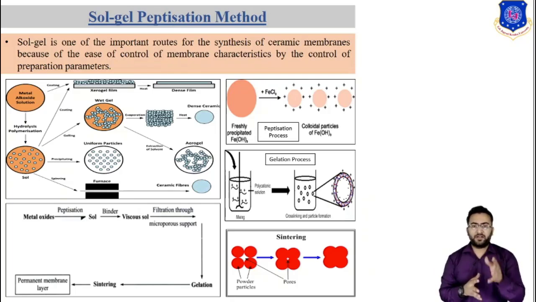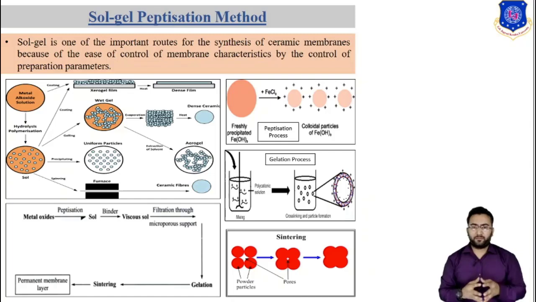Sol-gel is one of the important routes for synthesis of ceramic membrane because of the ease of control of membrane characteristics by control of preparation parameters. We can easily control the preparation parameters in this method, so this technique is comparatively better than other techniques for ceramic membrane.